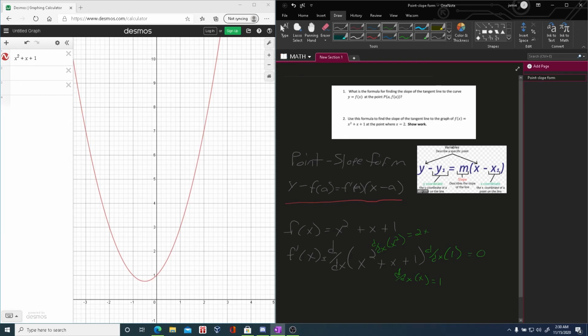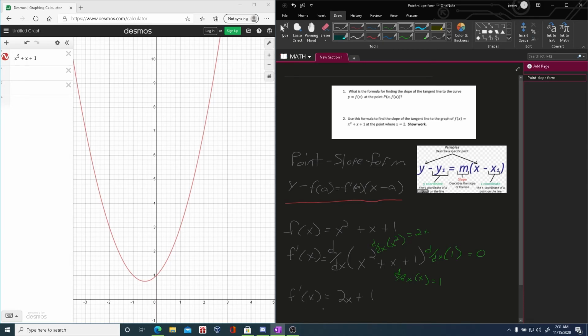And so the derivative, f prime of x, can be written f prime of x equals 2x plus 1. Let me rewrite this, it looked a little like a plus. Alright, 2x plus 1.